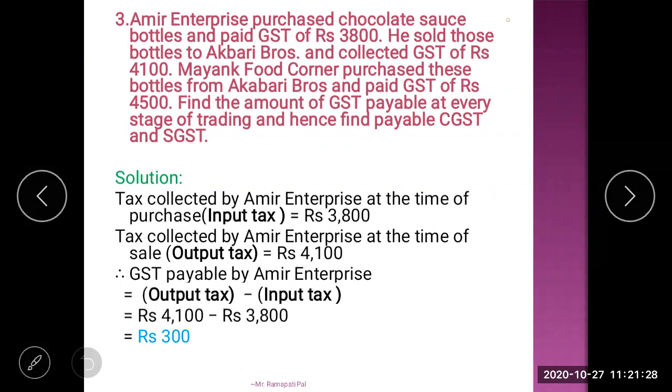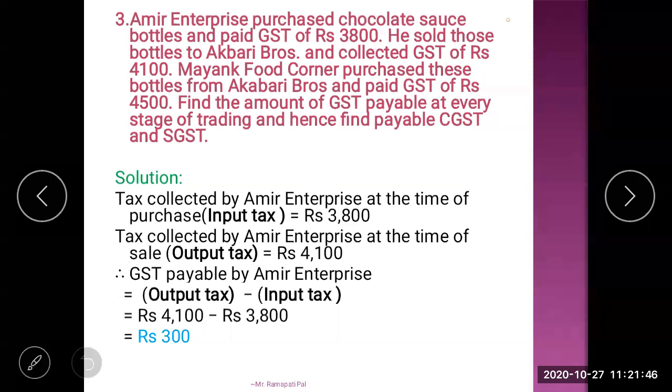Now we know the GST is 300 rupees. Now we have to find out CGST and SGST for Amit Enterprises.